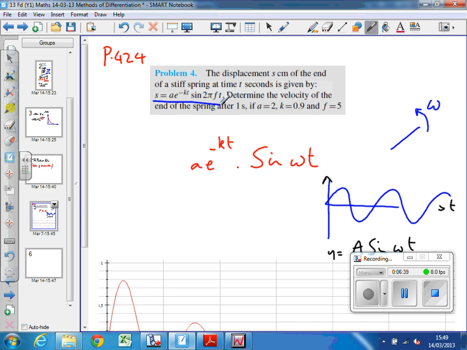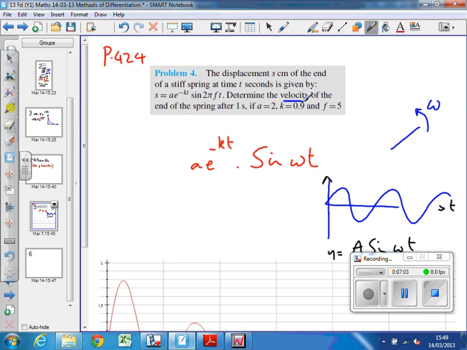If I differentiate this, I get the rate of change of displacement with time. What's another word for that? The rate of change of distance with time is called the velocity.